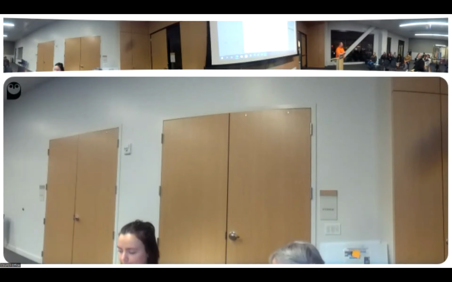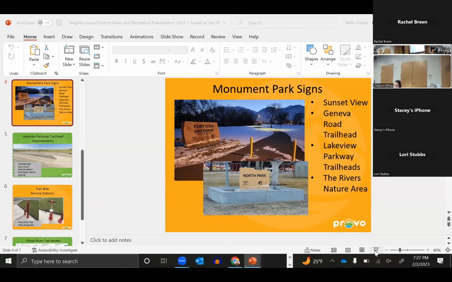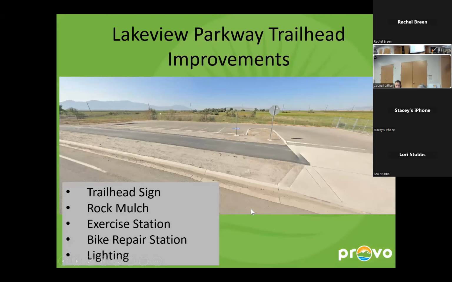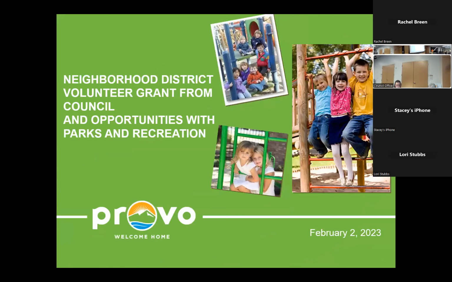I am the Provo City Parks Planning and Project Manager, so I have a great small team of internal staff that develops and delivers the new park projects and renovations to existing facilities. Here in District 3, in the last couple of years, we have improved the Provo River Trail in this area.